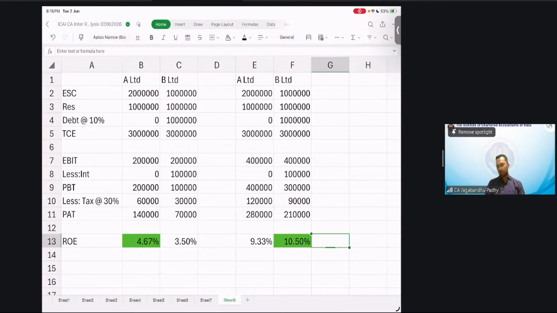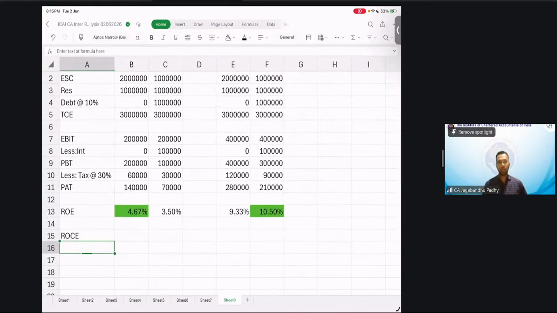Now, to get a better perspective, let's try to calculate return on capital employed in both situations, guys.